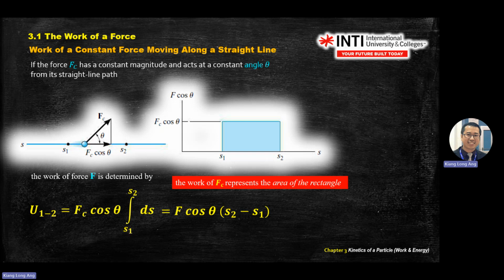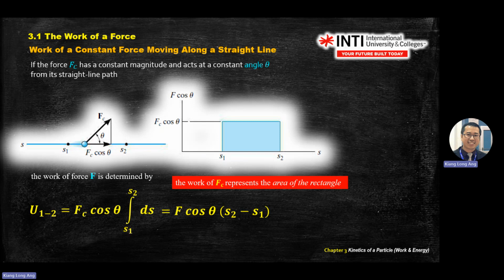Okay, to work from position 1 to position 2, you use this integration, or F cos theta times the distance traveled. Or if you can't remember this one, you just split the force, then go along the surface. It's okay if you cannot remember the yellow color equation, but your free body diagram is very important.